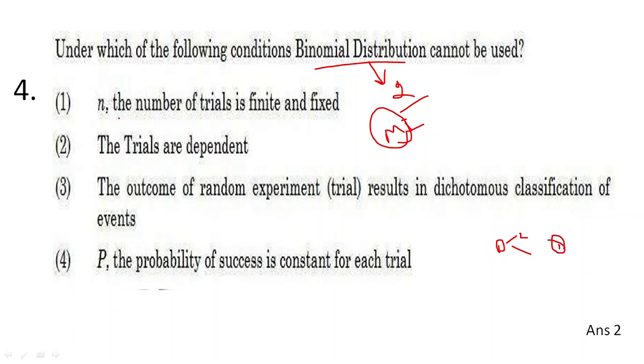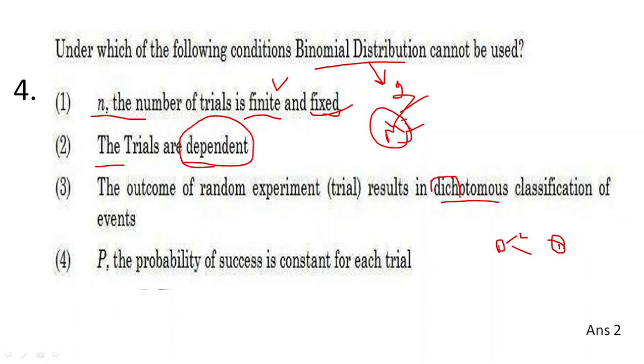So looking at the options: the number of trials is finite and fixed. Okay, so you have n, you know the number of trials and they are fixed. The trials are dependent? No, they are independent. In a binomial distribution, these trials are multiple but independent. And the outcome of random experiments results in a dichotomous classification of events.